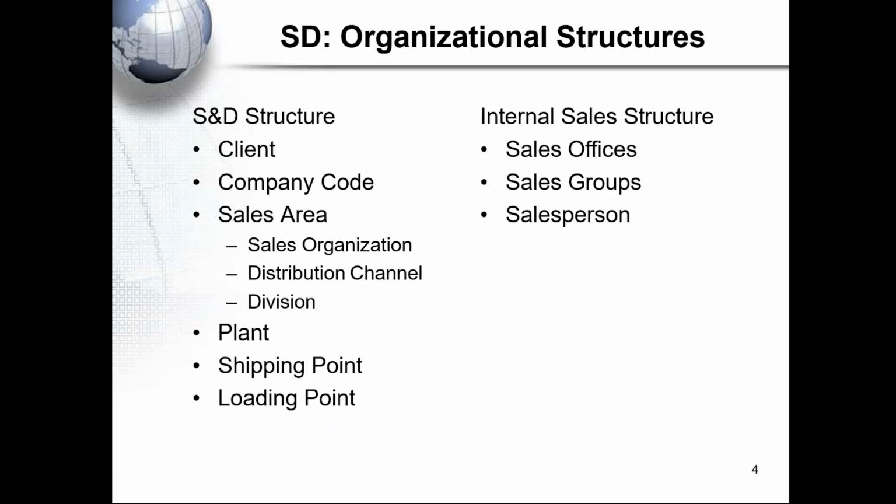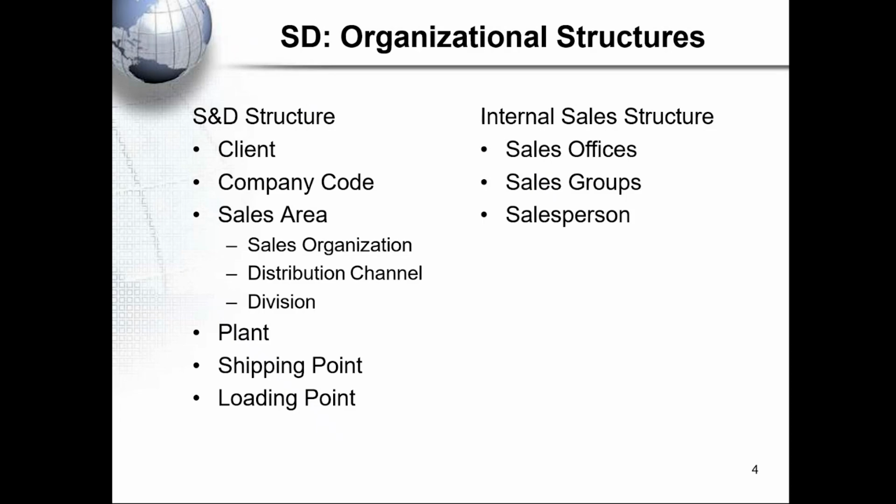In the sales and distribution module, we have a sales office, sales group, like that. Whenever we implement SAP for any company, any client, we have to know the client's enterprise structure and department. We collect the information from the client core team and core users.